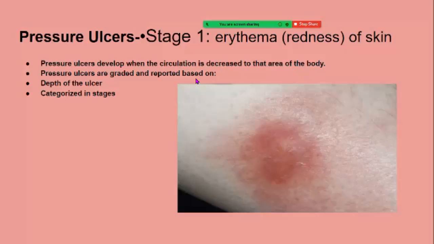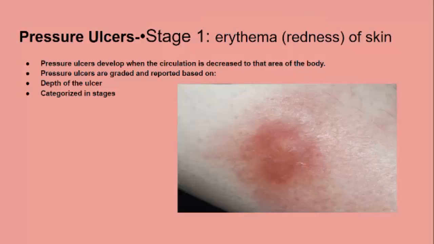So the next thing I want to talk about is pressure ulcers. So let's look at stage 1, which is erythema, redness of the skin. Before we even get into stage 2, I want to make a couple of points. Pressure ulcers develop when the circulation is decreased to that area of the body.